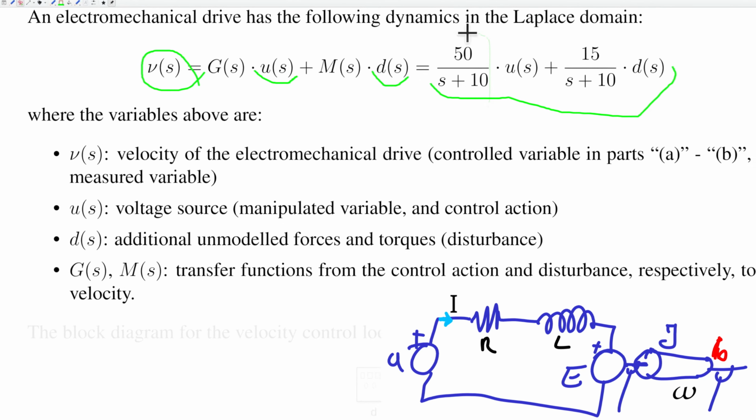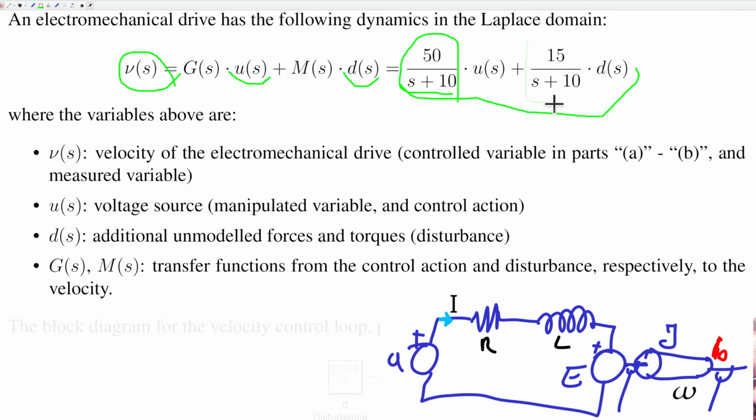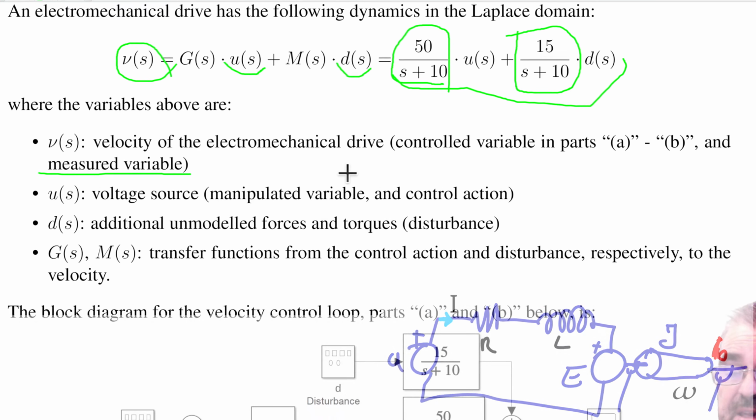And the transfer functions are this one with respect to the manipulated variable and this one with respect to the disturbance.